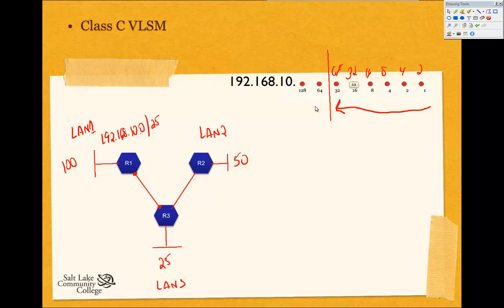You're protecting host bits. And the other rule, and this is an important one, is never reuse an IP address range. What I mean by that is we've already used 0 to 127. We've used the 0 network all the way up to 127, so we cannot use that to address this block of 50 users. So how do we do it?